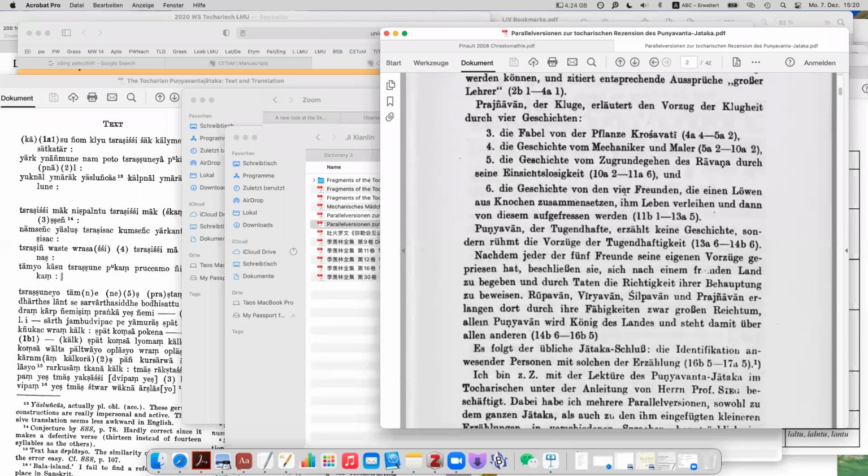And then the 6th story is about the 4 friends who have magic powers, but they do not have any wisdom. So they use their magic power to revive, how to say that, they put the bones of a dead lion together and make it into a living lion.